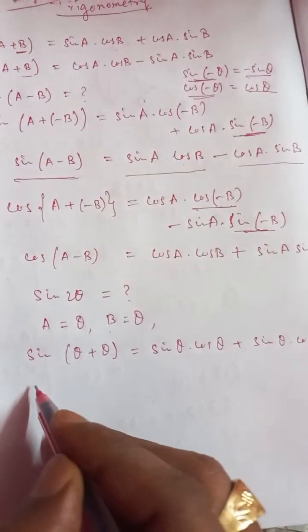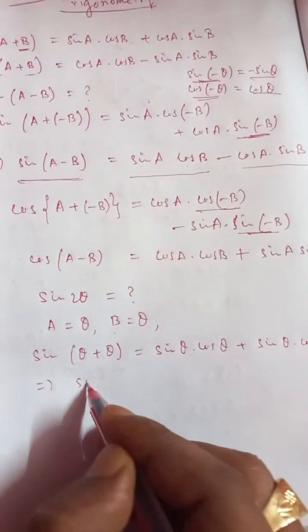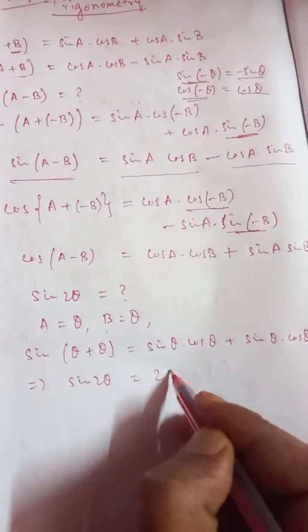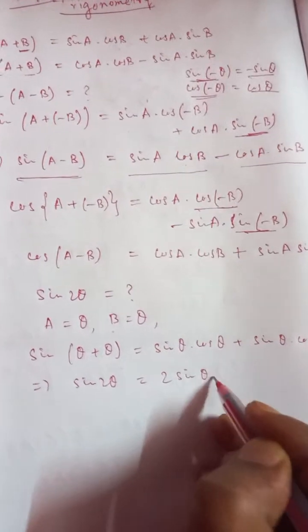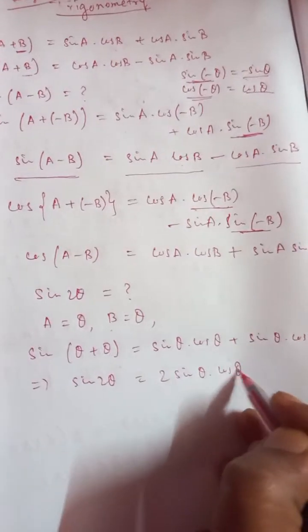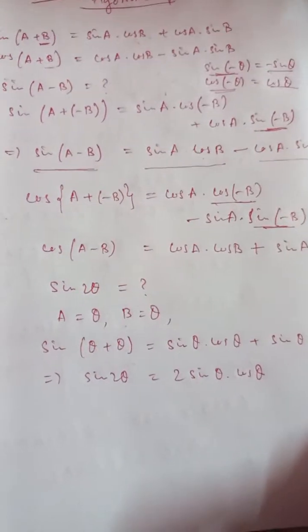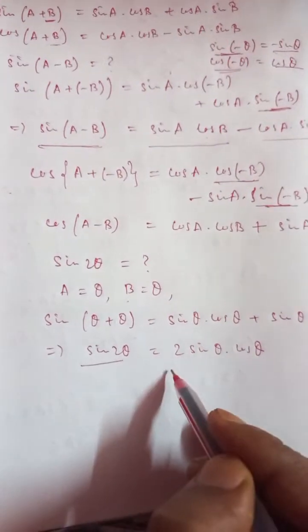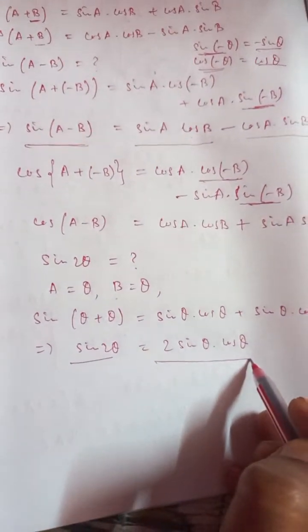So we'll have sine 2 theta is equal to 2 into sine theta cos theta. So this is another formula: sine 2 theta will be 2 sine theta cos theta.